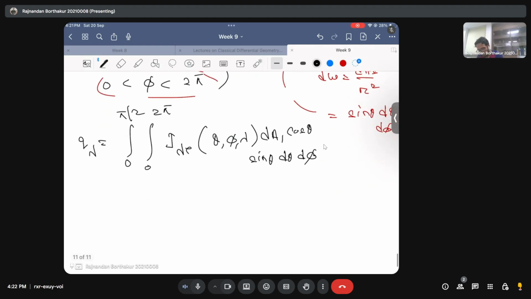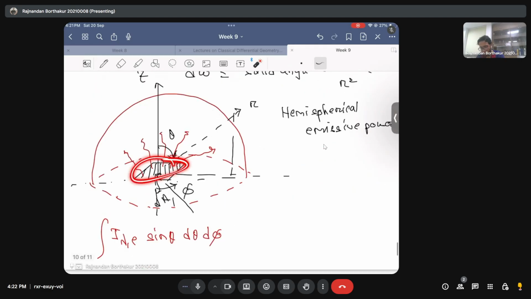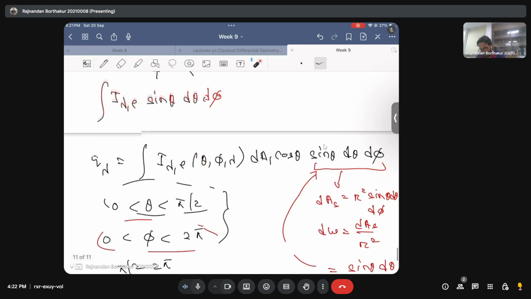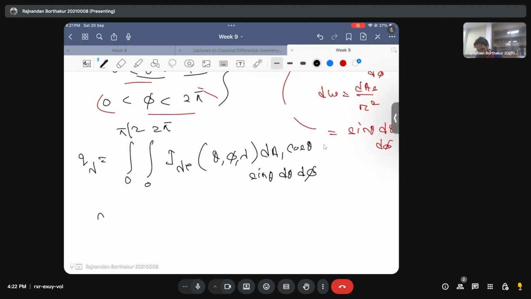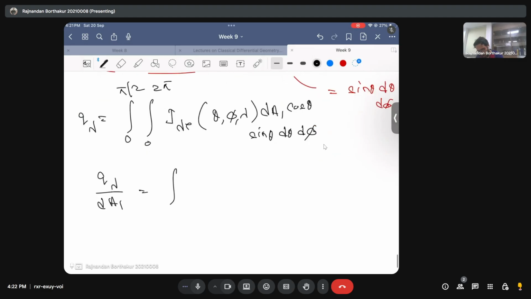Now this dA1 is just the differential elemental area of the object which is emitting radiation. So then we'll divide this q lambda by dA1, and then this becomes the integration from 0 to pi by 2, integration from 0 to 2 pi of I lambda of theta, phi, lambda, cos theta, sine theta, d theta, d phi.